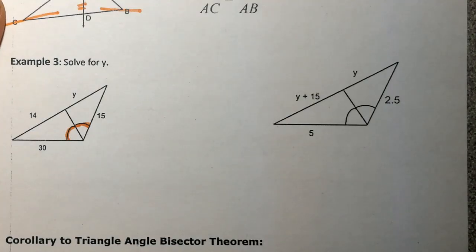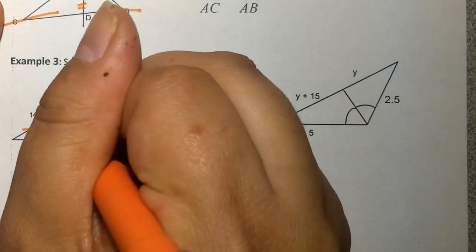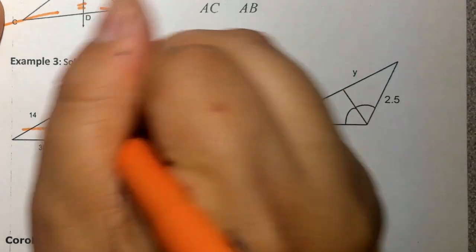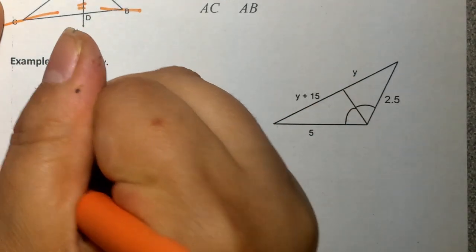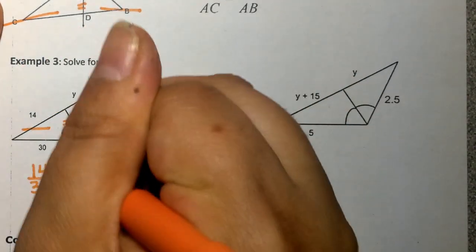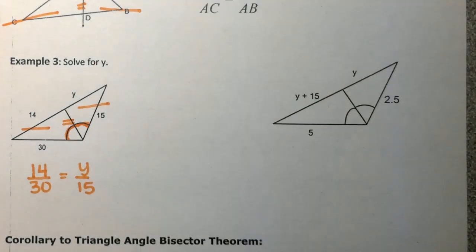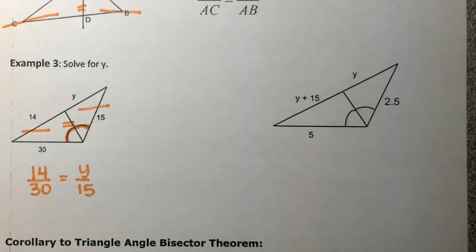What's it going to be? 14 over 30 equals, is it really that easy? Yes. The angle bisector makes it so the two sides are proportional.